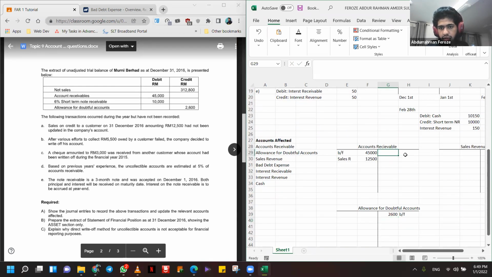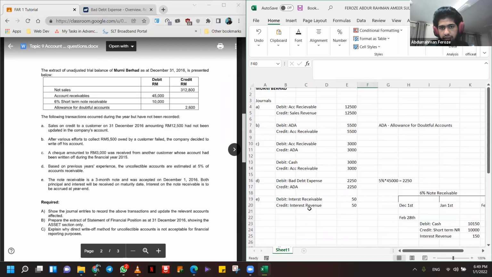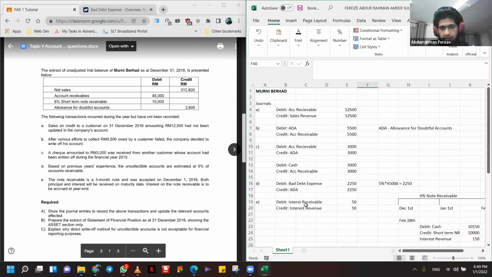So here we put ADA 5,500. Account receivable is credited and ADA is debited. Account receivable 5,500. Is that clear? Yes, so far so good.